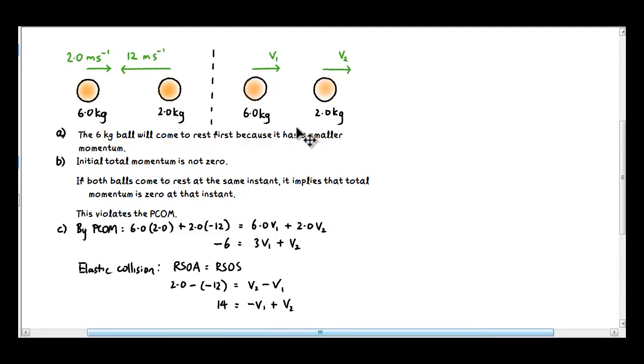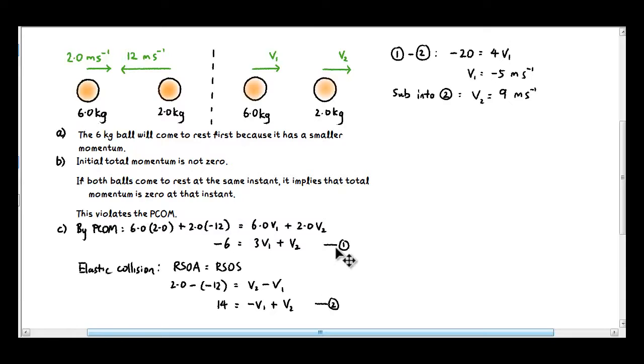And after the collision, they were moving away from each other at the relative speed of v2 minus v1. And the rest is mathematics. So we have two equations here. After solving the simultaneous equations, we get v1 is equal to negative 5 meter per second and v2 is 9 meter per second.